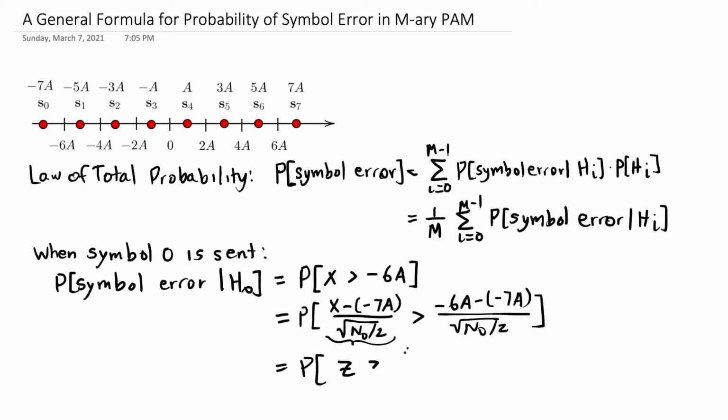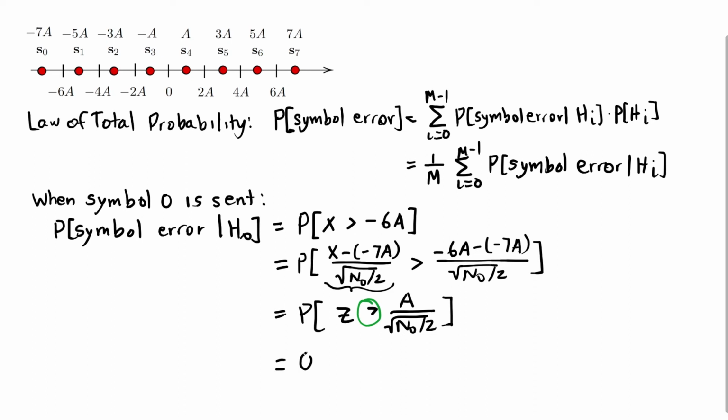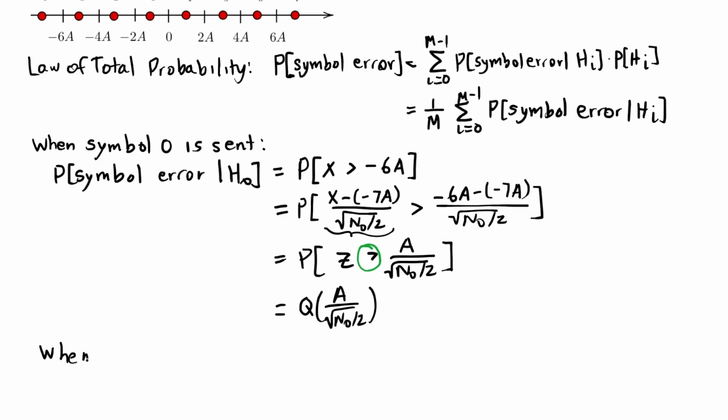It's this fraction: A divided by square root of N naught over 2. And once I have this probability of a standard normal random variable being greater than a threshold, this greater-than part is the critical thing here. This means that I need the Q function. If it was a less-than, I'd need the phi function. And that's just when symbol 0 is sent.